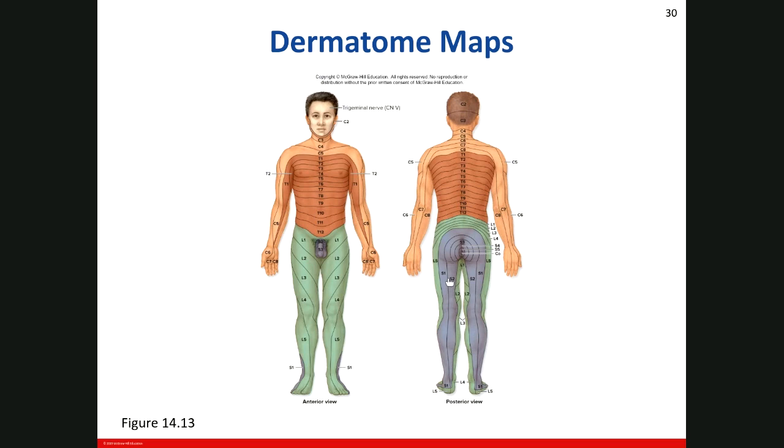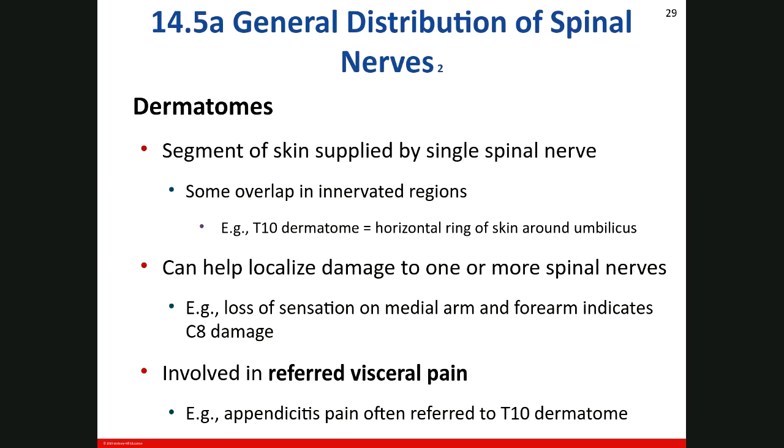Or when we have a problem in the back of the neck, it means that C4 or C5 has a problem, so we have numbness or pain in the back of the neck. We call it the Dermatome Map, and you don't need to memorize it, you just need to check the pictures and tell us the problem with different types of spinal nerves.